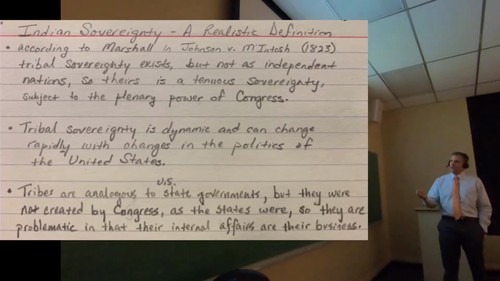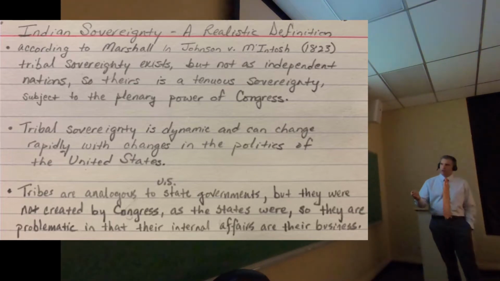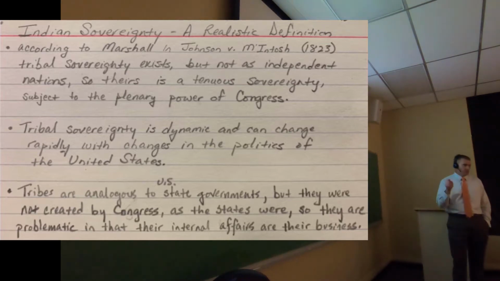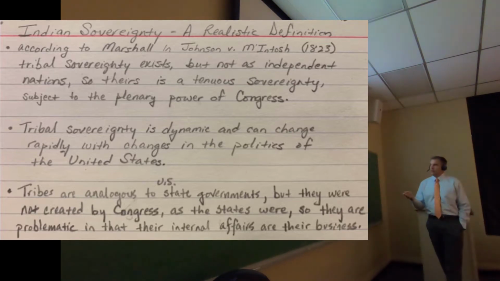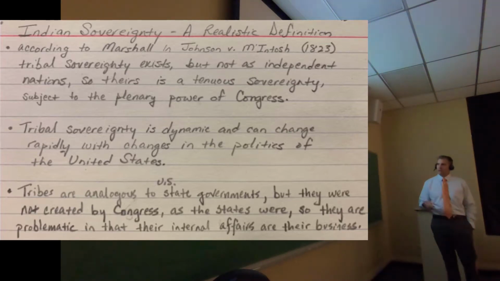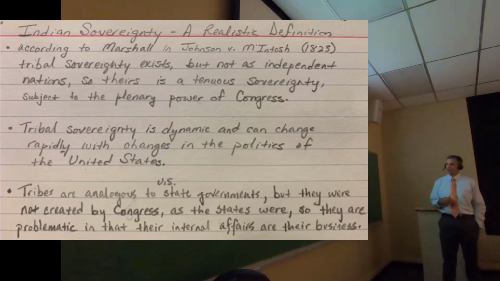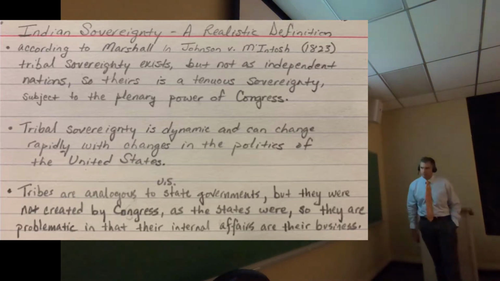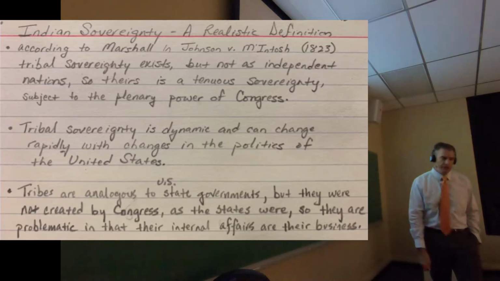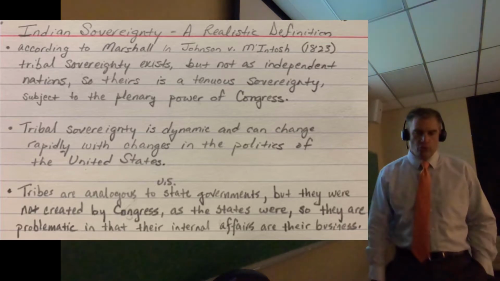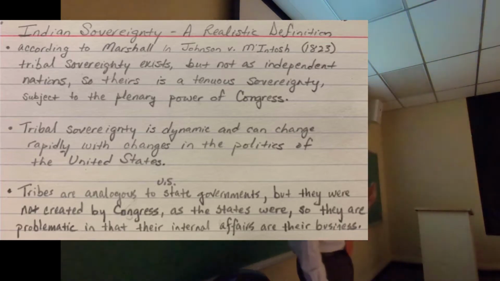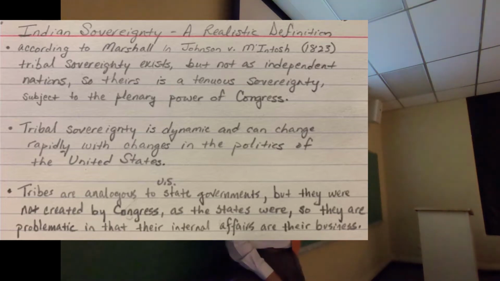Thirdly, tribes are analogous to U.S. state governments, but they were not created by Congress as most of the states were. So they are problematic, and their internal affairs are their own business. That means that states cannot interfere with the workings of Indian tribes.